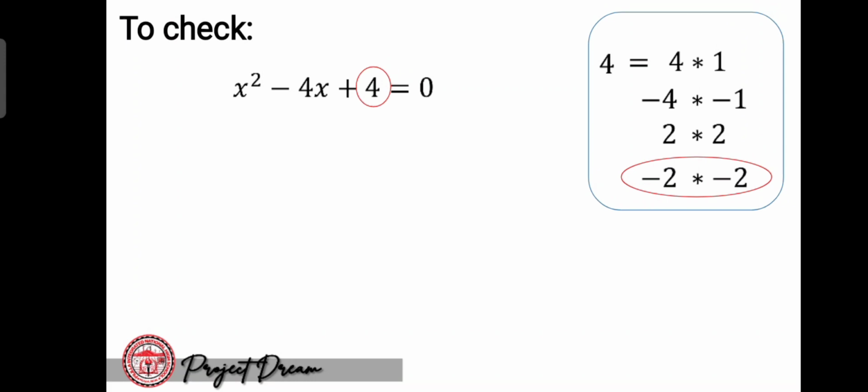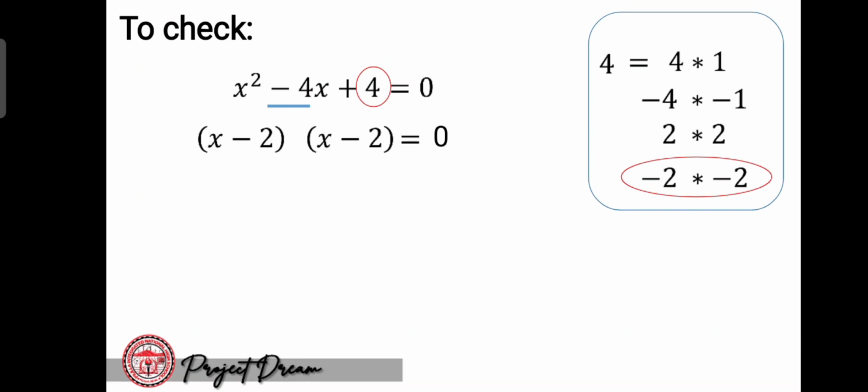Okay, very good. The answer is negative 4, which is equal to the second term. Therefore, the factors of the given are x minus 2 times x minus 2 is equal to 0.